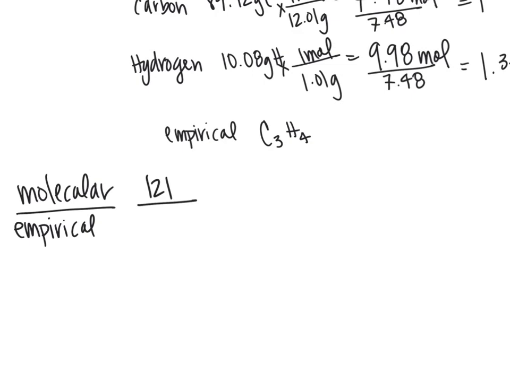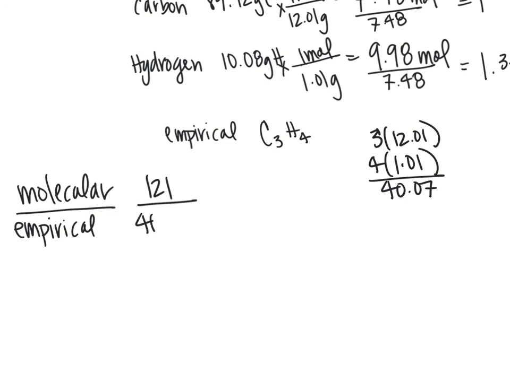So we have an empirical compound. The empirical weight is 3 times 12.01 plus 4 times 1.01, which gives us 40.07.